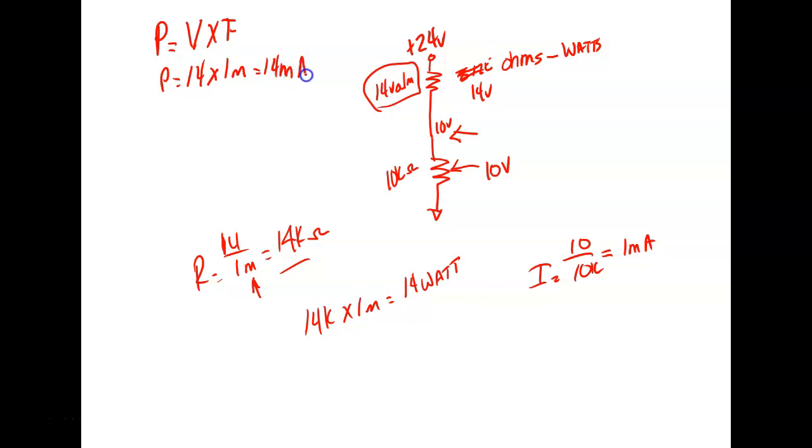Or I could use V squared over R, 14 squared divided by 14K. So you could use this one, since you've got both of them.